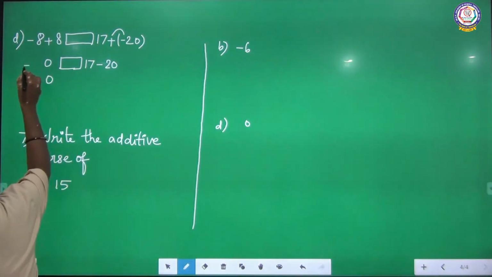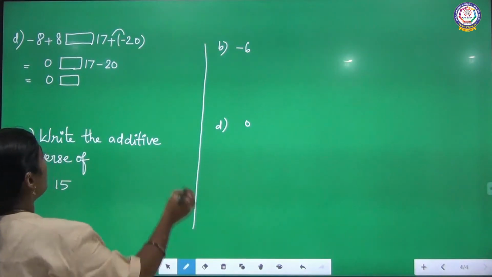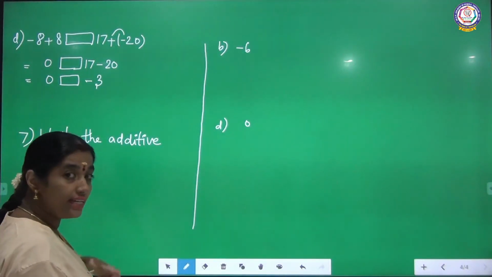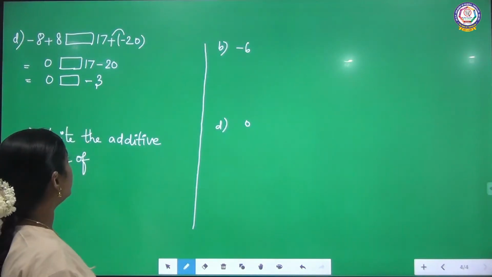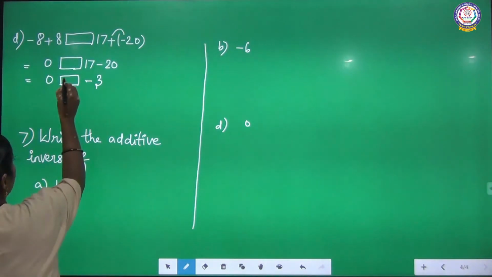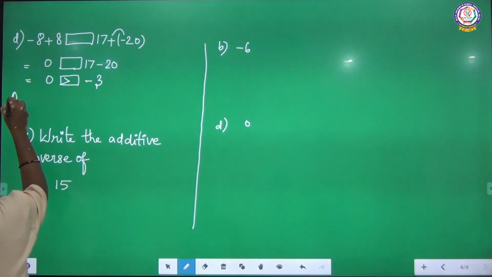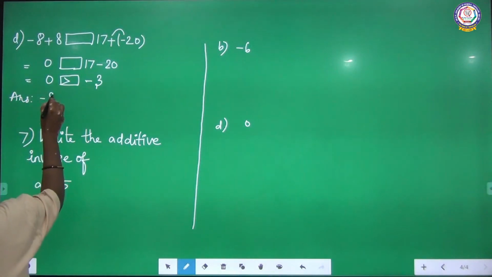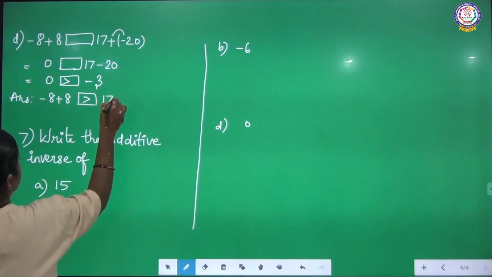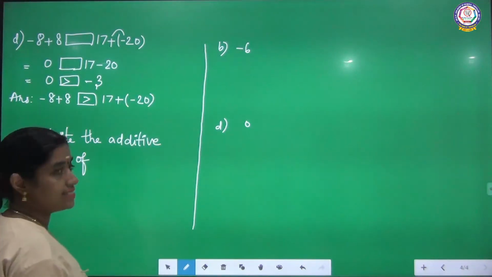Now 0, make a box. 17 minus 20 is minus 3, because the negative integer is greater here. So for that the minus symbol. I am comparing 0 with a negative integer. Obviously 0 is greater. So write the answer here. Minus 8 plus 8 is greater than 17 plus into minus 20.